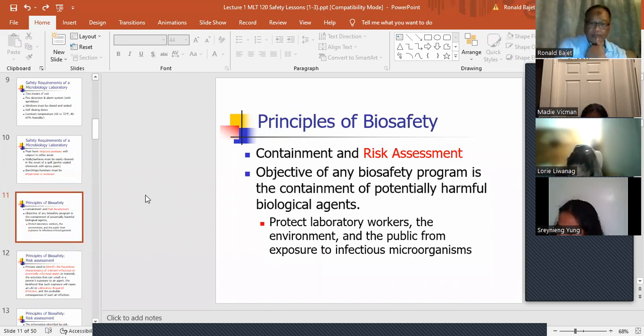Containment and risk assessment, okay, principles of biosafety. The objective of any biosafety program is the containment of potentially harmful biological agents. If you're using or handling biological agents underneath the hood, you've got to make sure that you're not going to expose them externally.